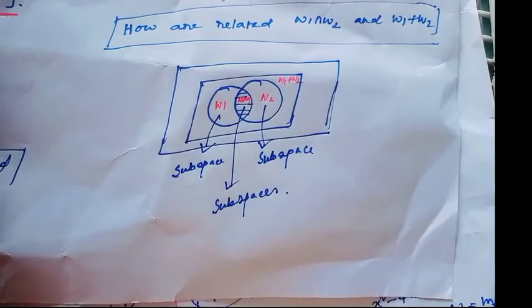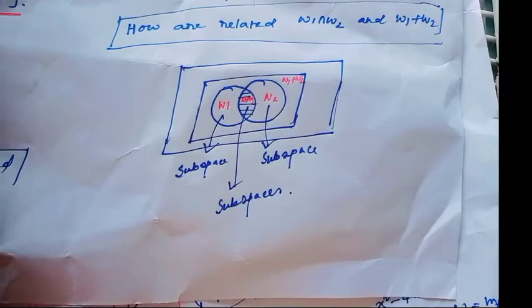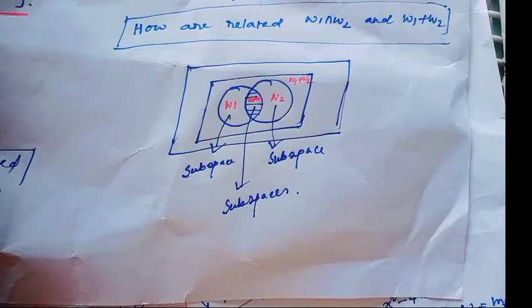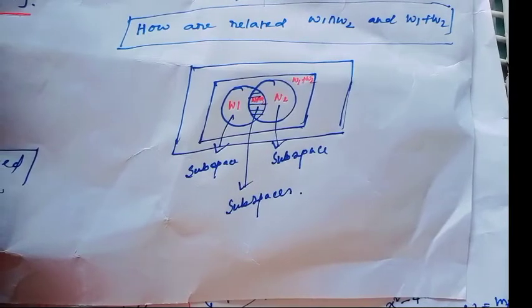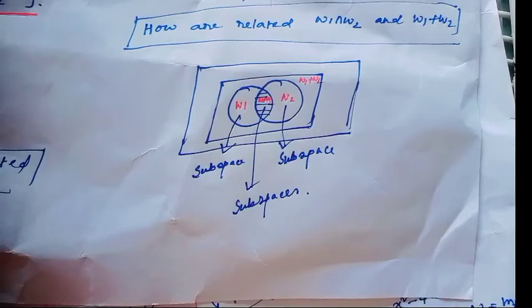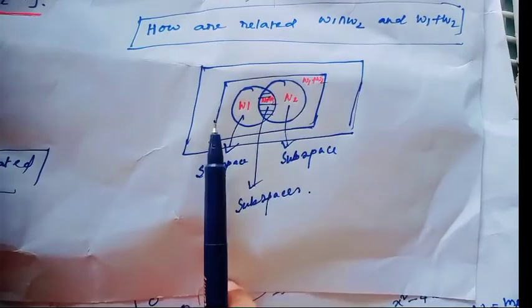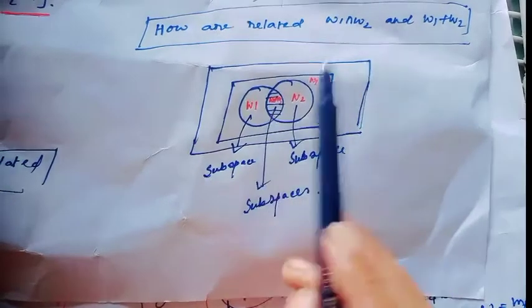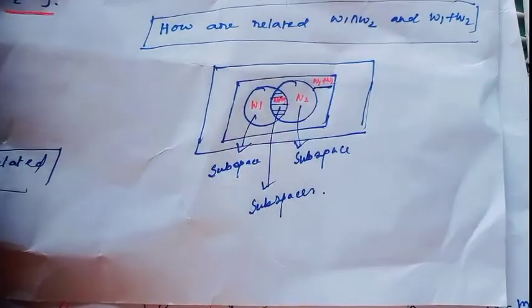This is the big subspace, containing their union. So, I have got 4 subspaces of the vector space V: W1, W2, W1 intersection W2 and W1 plus W2.